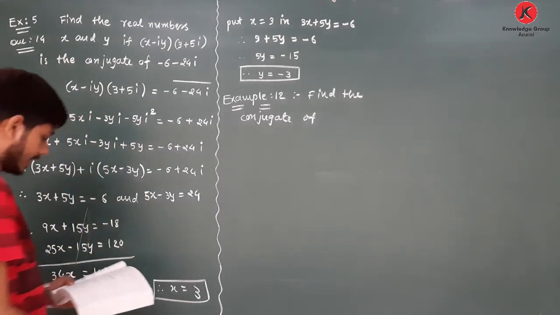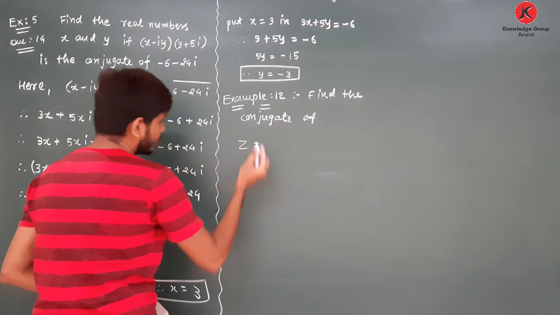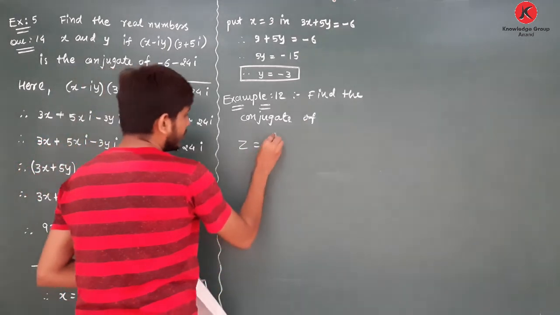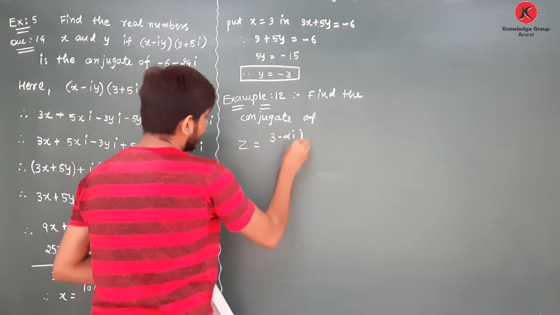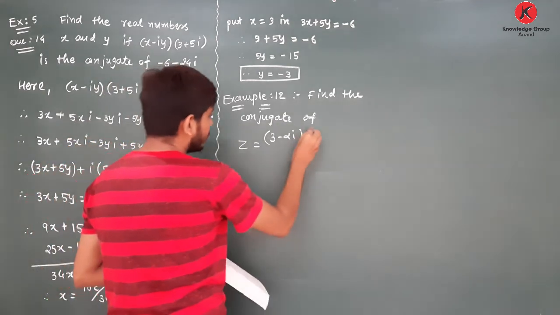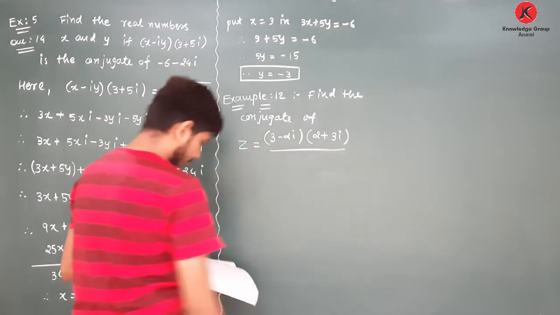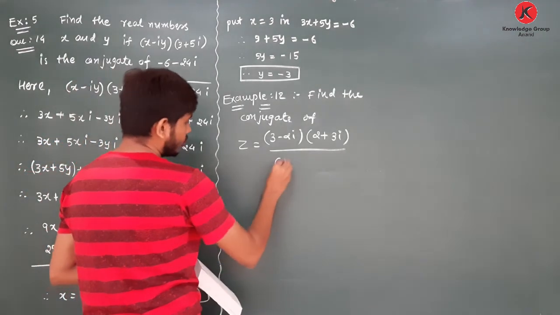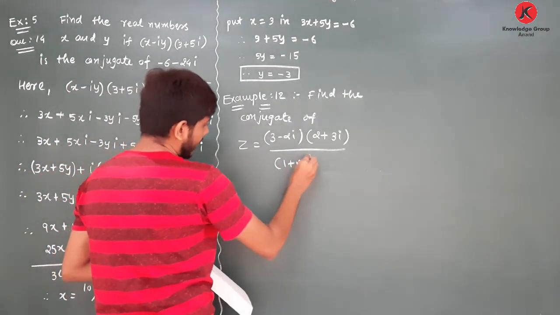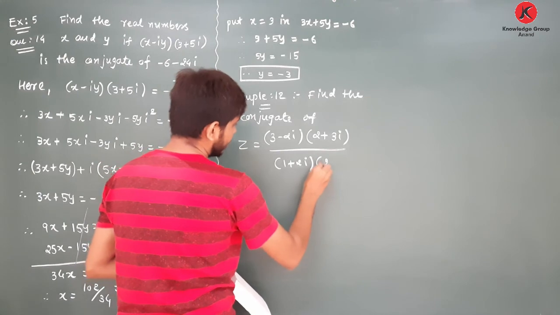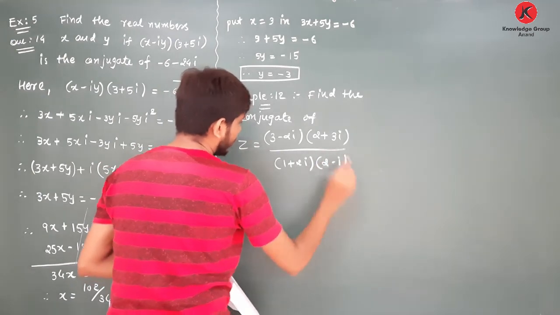The complex number is given, and giving the name z equals to 3 minus 2i into 2 plus 3i, whole divided by 1 plus 2i into 2 minus i. This is your complex number.